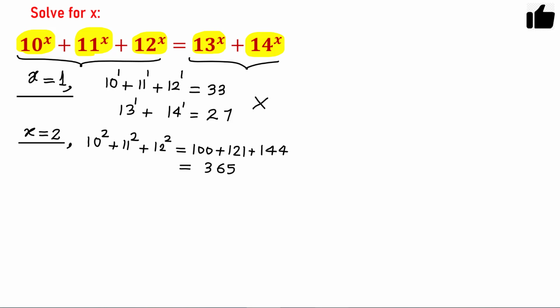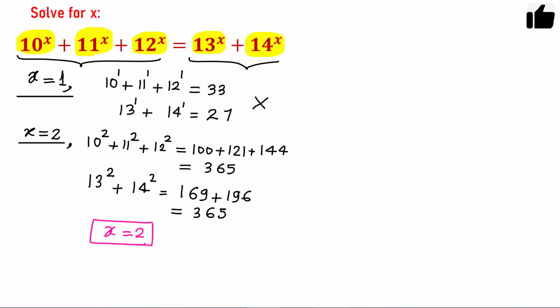Now what about the right hand side? You will have 13 raised to the power 2 plus 14 raised to the power 2, so 169 plus 196, which is also equal to 365. This means I can say that x equals 2 is one solution of this equation.